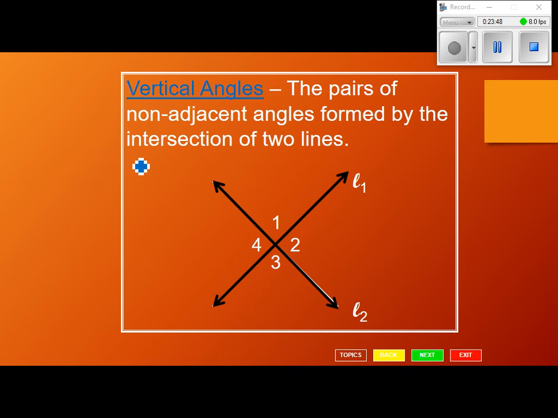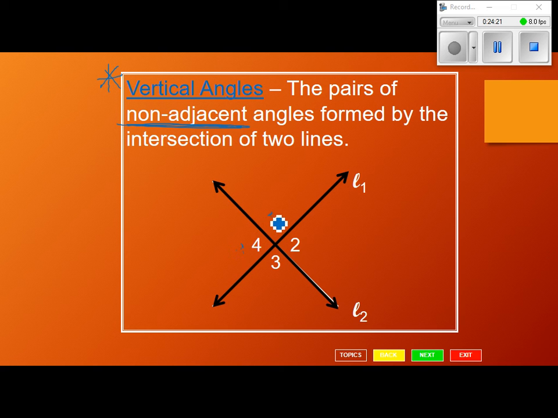Vertical angles. This one's pretty important too. Got to be able to pick vertical angles out in the picture. Vertical angles are sort of the opposite of adjacent angles. If we're looking at this picture, we said angle 1 and angle 4 were adjacent angles. They're also supplementary angles. They're also a linear pair. But when we draw two lines, the pairs of non-adjacent angles, non-adjacent means the ones that aren't neighbors to each other, aren't right next to each other.